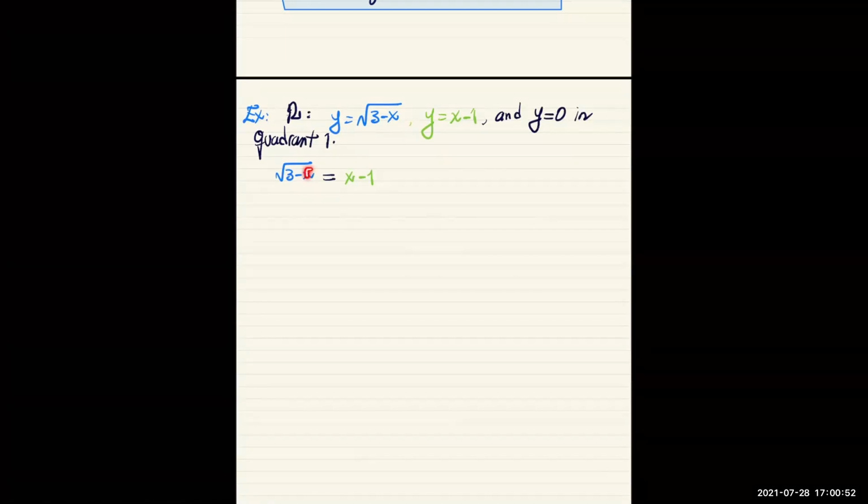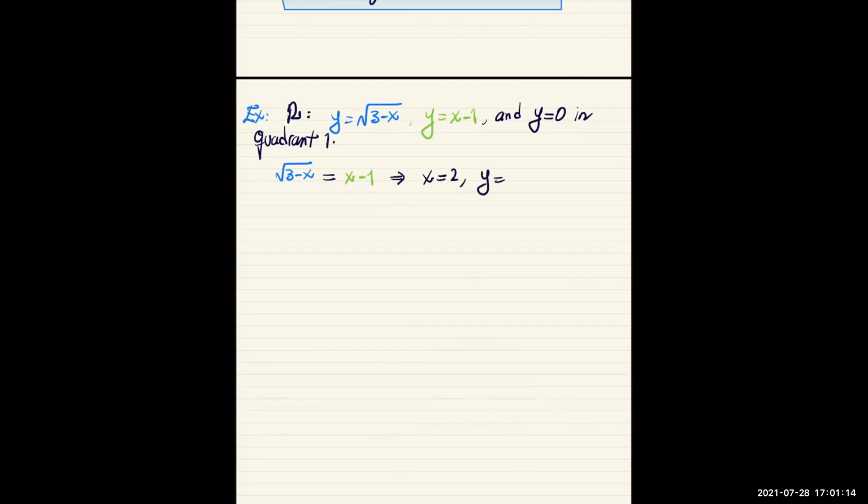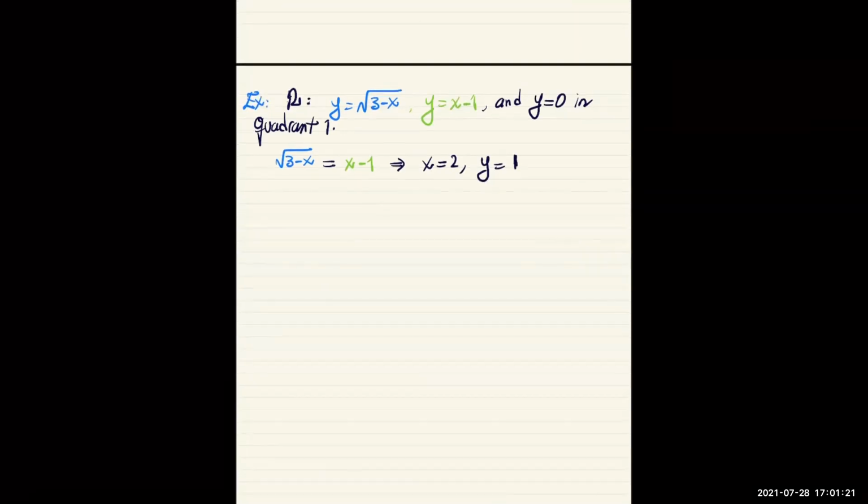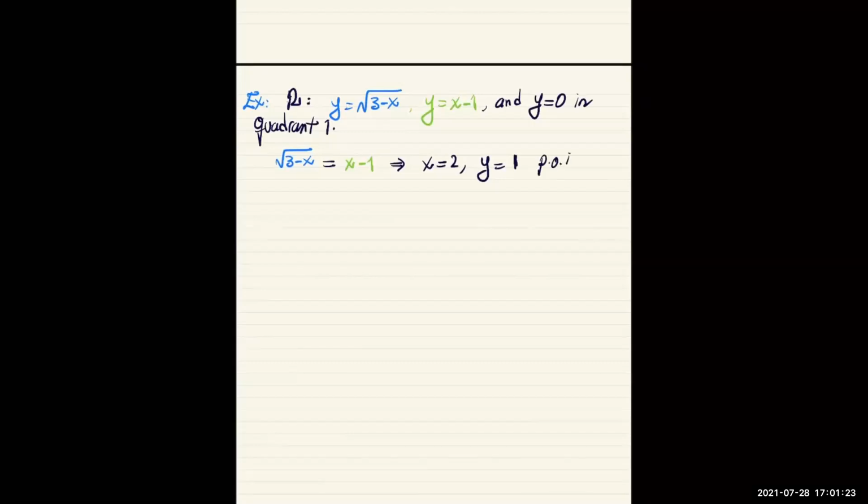Plug in 1, it's not going to work. Plug in 2: 3 minus 2 is 1, and 2 minus 1 is 1. That works. So the solution is x equals 2. And y, just put 2 into either of these, you get 1 for y. So that's the point of intersection, POI.